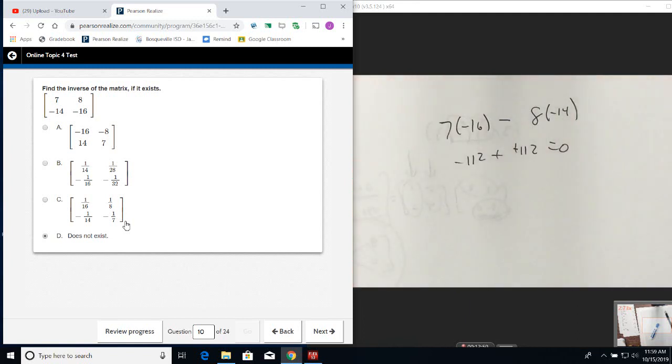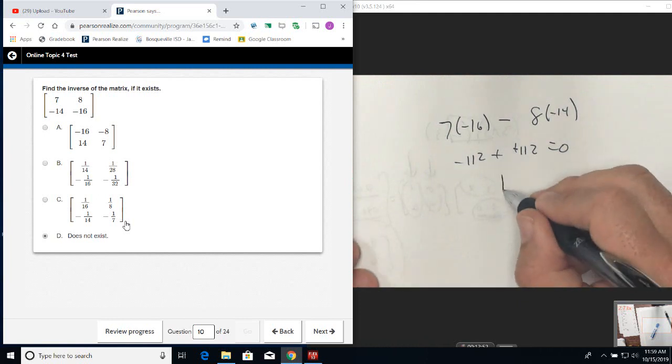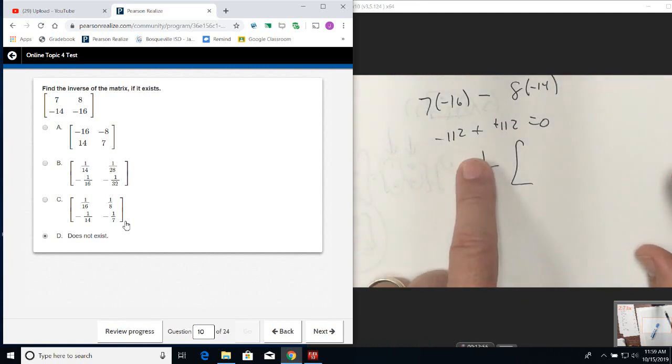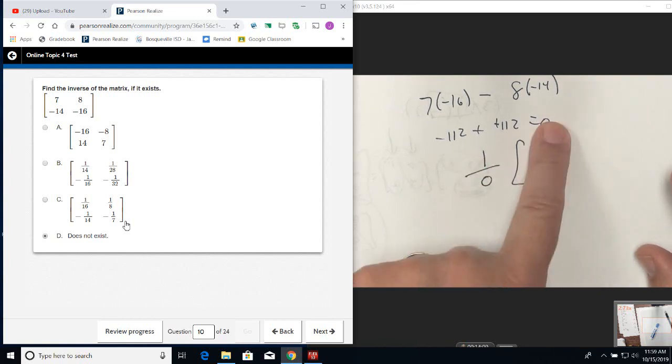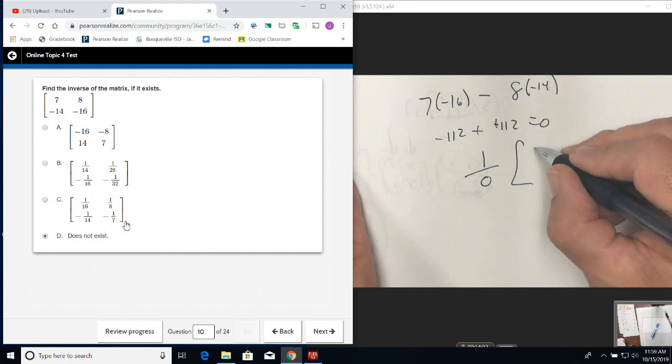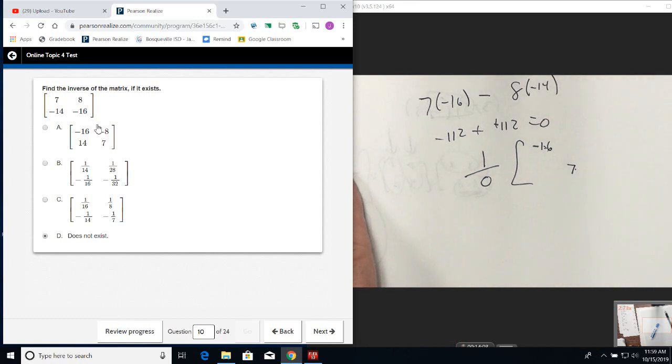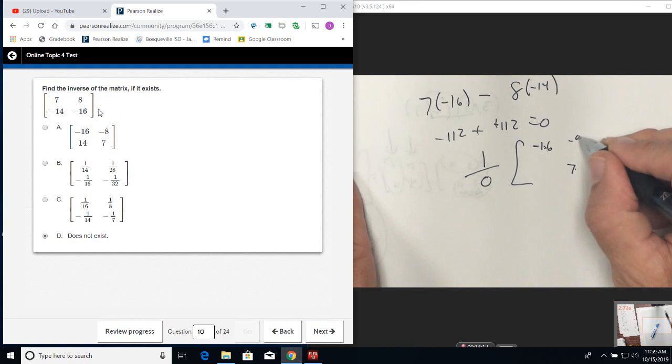There's no inverse. Why? Because to calculate the inverse, I would have to take 1 over 0, 1 over whatever the determinant is, and multiply it by what? Negative 16 and 7. The main diagonal is changing places, and then the subdiagonal would change signs. So that would be a negative 8.